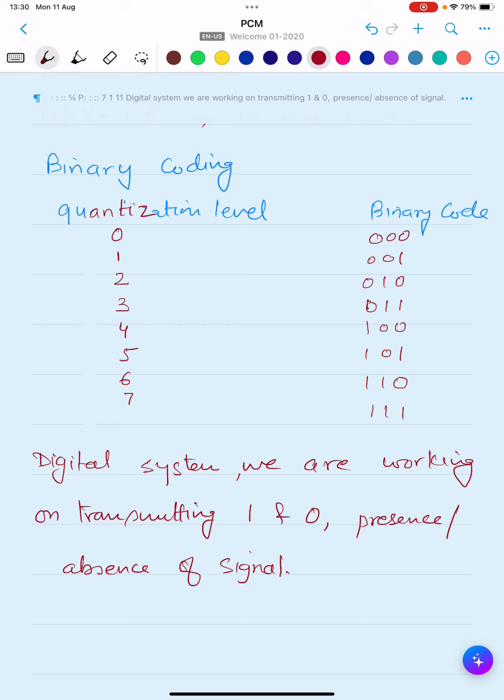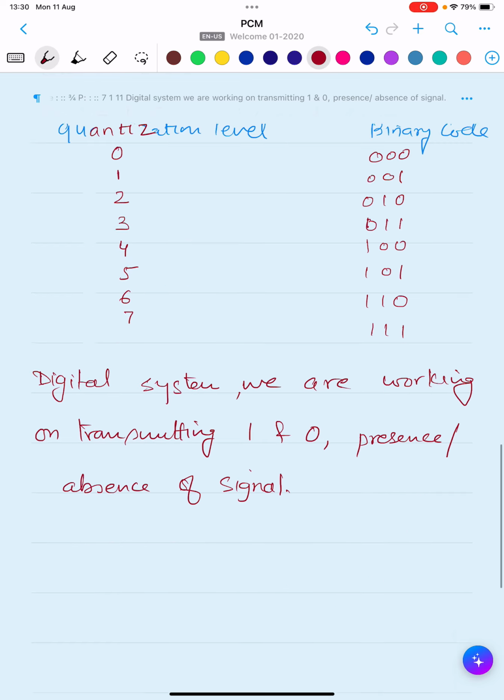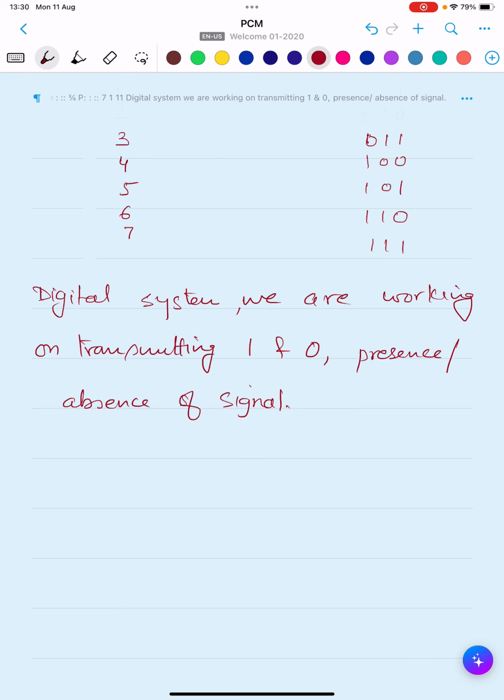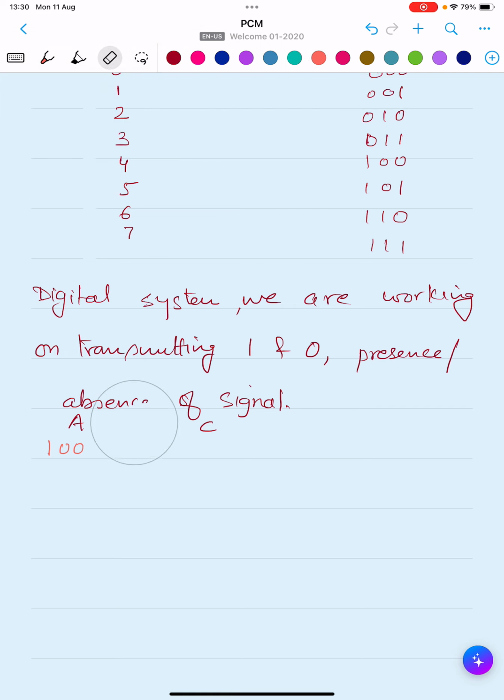Now if I have to show it in the form of a waveform, let's say I am transmitting 3 signals A, B and C, and their values are correspondingly 1 0 0, 0 0 1 and C is 1 1 0.